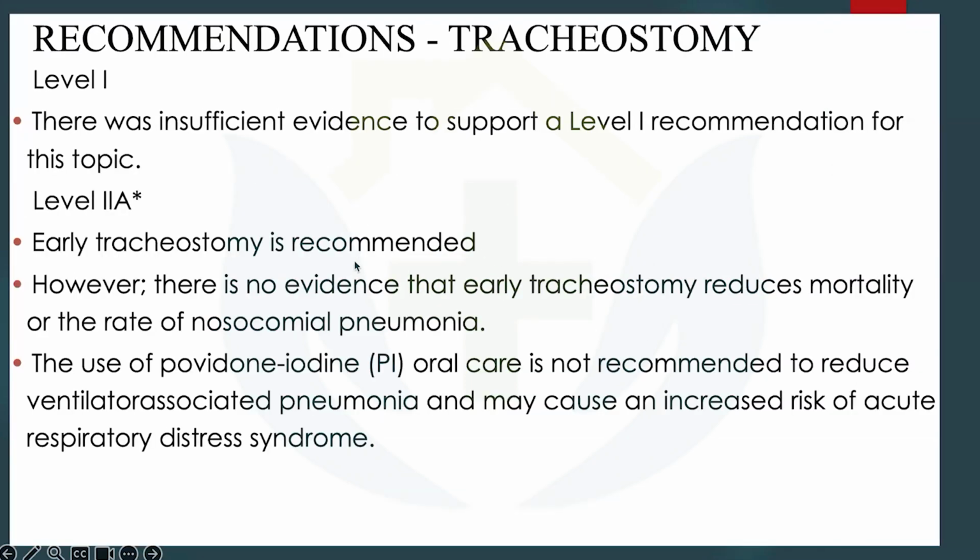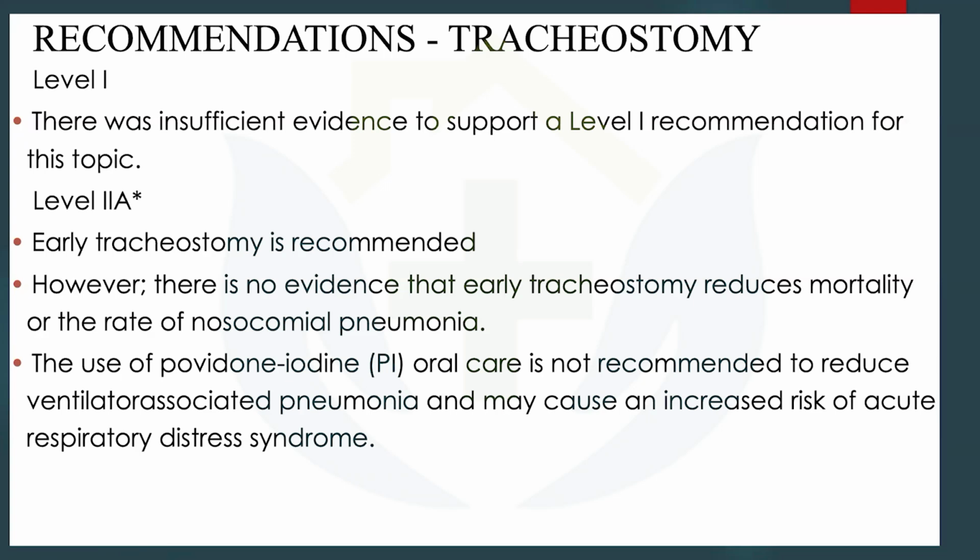Even tracheostomy is also favored. Early tracheostomy. If the patient comes with a GCS of 8, you see that the patient has a severe frontal contusion, the surgeon has operated, and the patient has an EVD along with a post decompressive craniectomy. You know the patient is going to need long term ventilation. Don't wait for 7 days for the ventilation to continue. Go for immediate tracheostomy as early as possible.